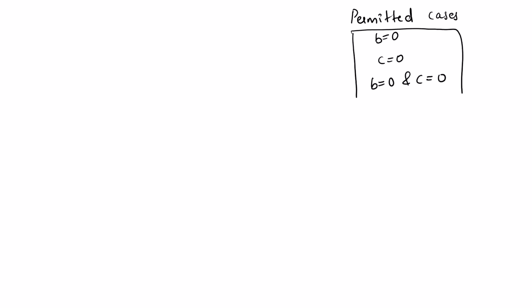Now let's move on to another question. Now we have seen the permitted cases. Let me write down. Permitted cases are b equal to 0, c equal to 0 and both b and c equal to 0. These are the permitted cases. We have seen what happens when b equal to 0.